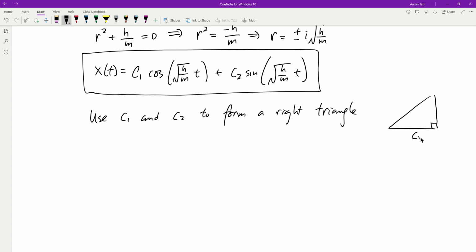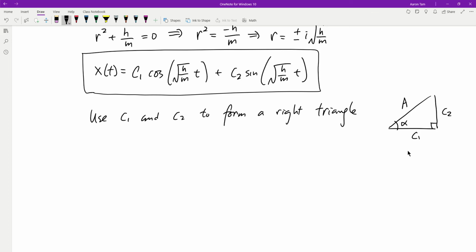I'm going to let C1 and C2 be the two sides of the triangle, and I'm going to define A to be the hypotenuse and the angle between A and C1 to be alpha. Technically speaking, it doesn't matter which one it is. I'm just going to pair C1 with A instead of C2 with A, but the basic concept is exactly the same.